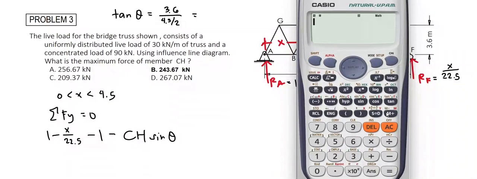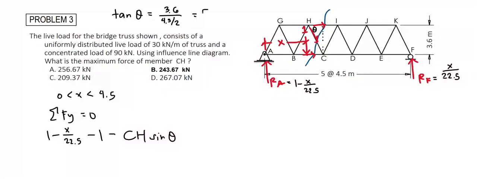So solving for angle theta, this is arctangent of 3.6 over 4.5 divided by 2, that is equal to 58 degrees. This is equal to this angle here, and as well as this angle, and so on.